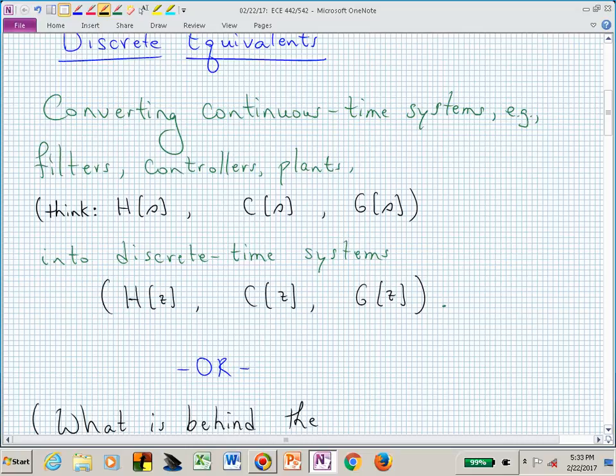That's what we're trying to do with a discrete equivalent. We're trying to go from an S domain to a Z domain representation so that we'll end up with an H of Z, a C of Z, or a G of Z. That's the idea.